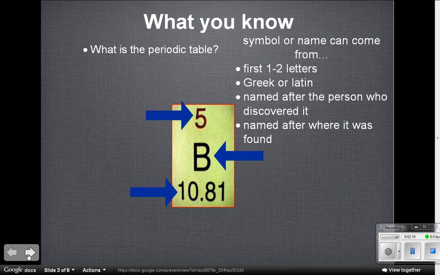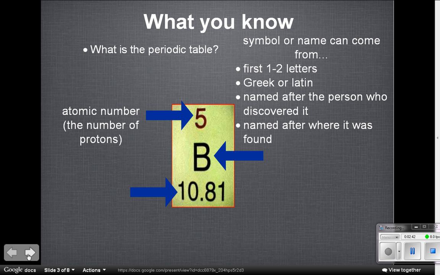Okay? So if you know some basic information about the periodic table, you may know that the first number, or the smallest number you'll see on one of the elements, is the atomic number. And this atomic number is also the number of protons in that element.